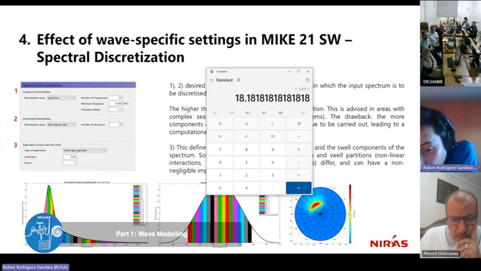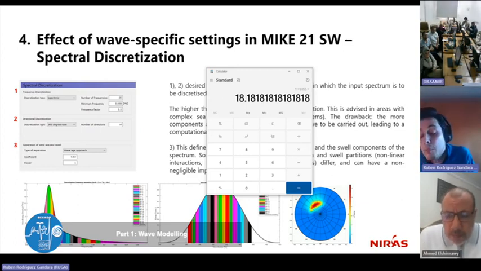It's the same thing as with the frequencies: the more frequencies you have, the more accurately you define your 2D spectrum. But it comes at a terrible expense, because you have to multiply those two numbers, and that will tell you how many simulations Mike will have to do for that single sea state.